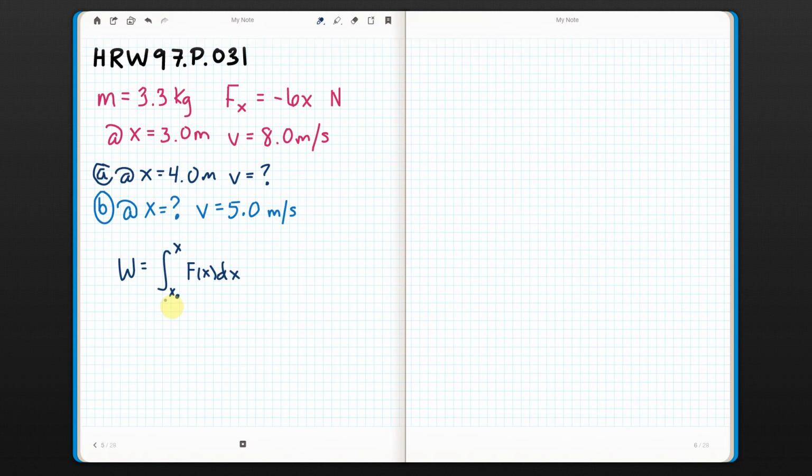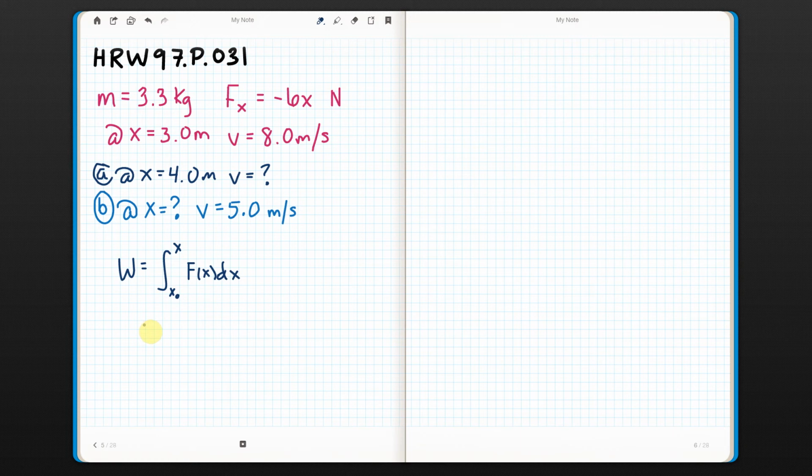If I got the work, that would be the change in kinetic energy. Well, I could find my initial kinetic energy because I have a mass and I have a velocity. If I could then find the change, I would get a final velocity and I could work backwards and find the velocity. Okay, so let's do that.